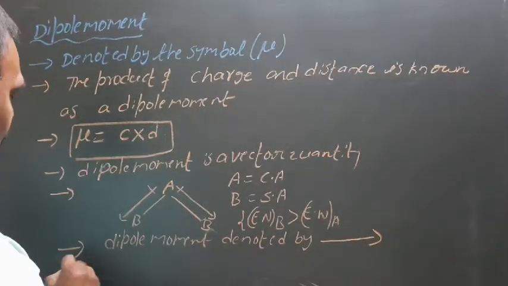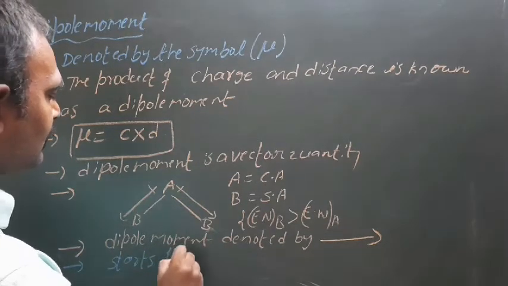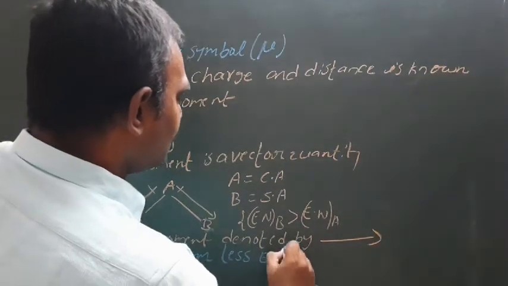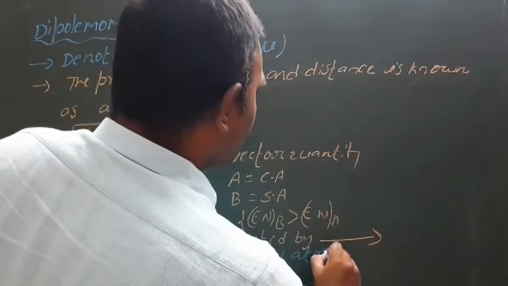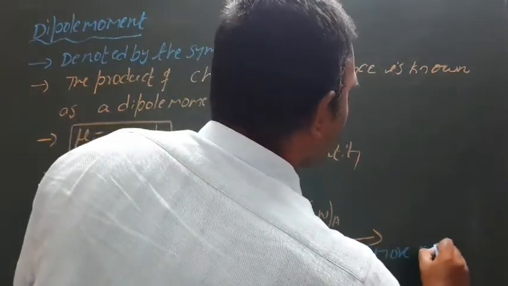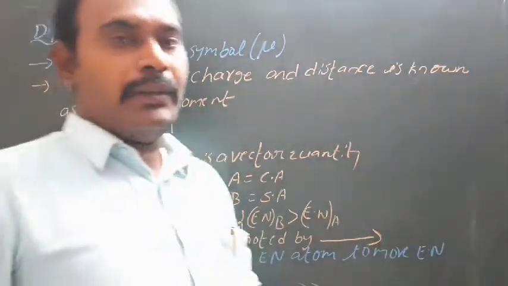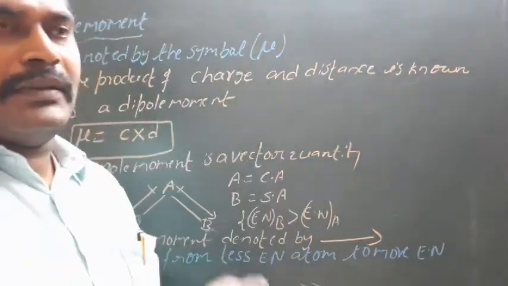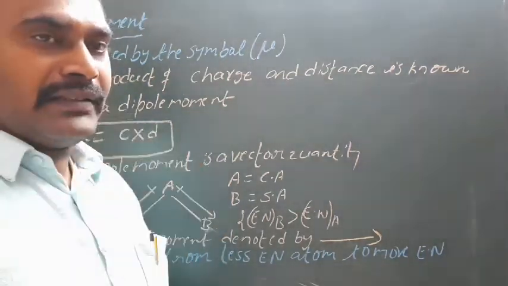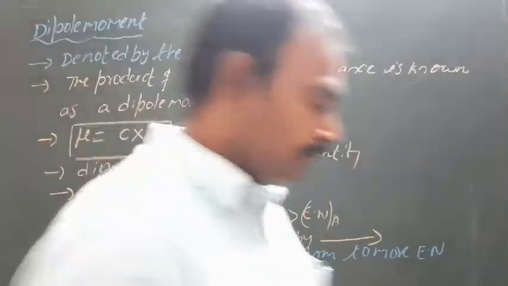The arrow starts from the less electronegative atom and points towards the more electronegative atom. Once again, the dipole moment in a bond between the bonded atoms is denoted by the arrow mark, starting from the less electronegative atom towards the more electronegative atom.